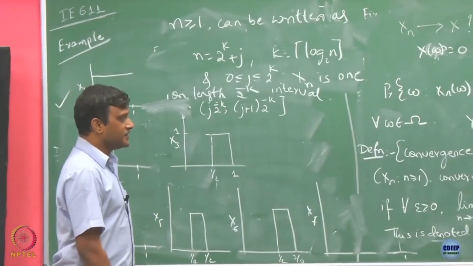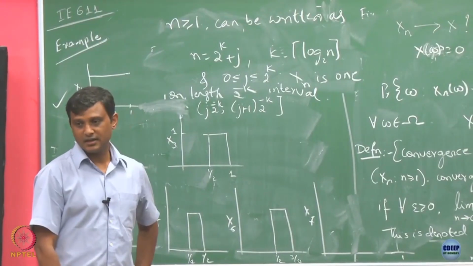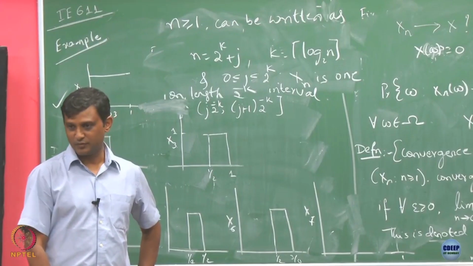So what is the difference between convergence in the almost sure sense and convergence in probability?